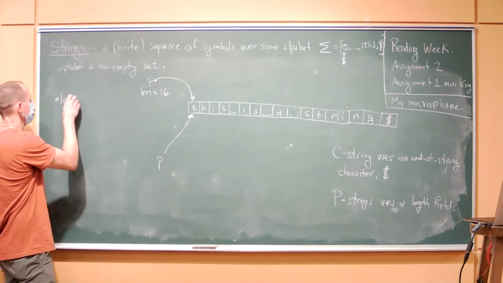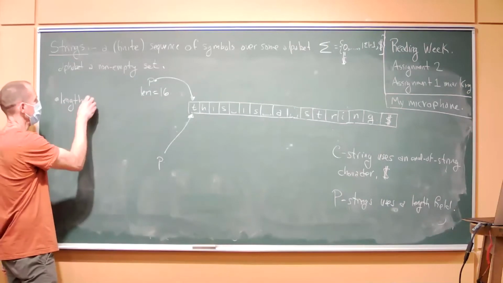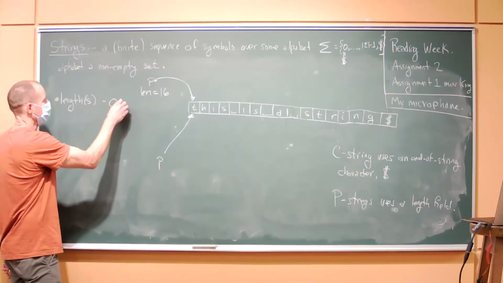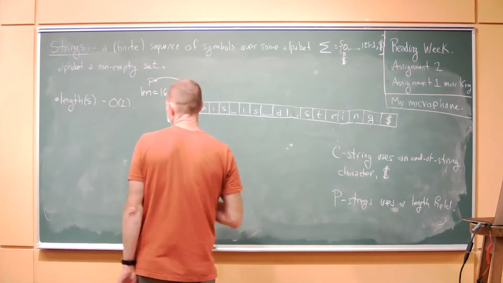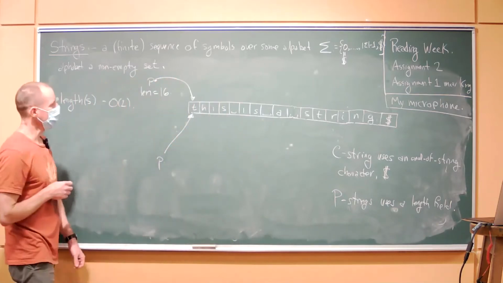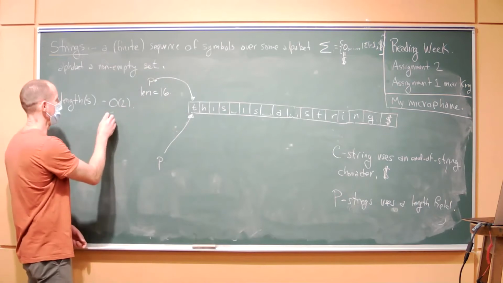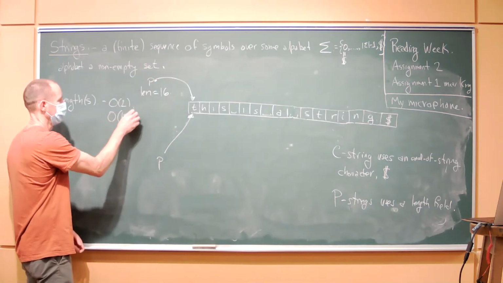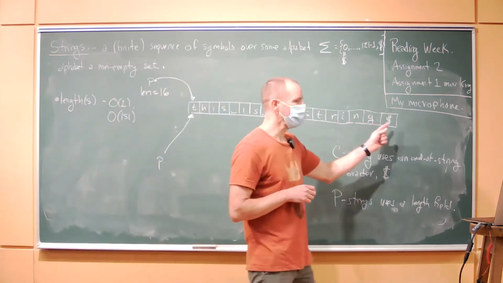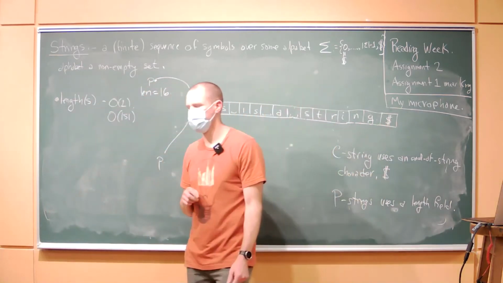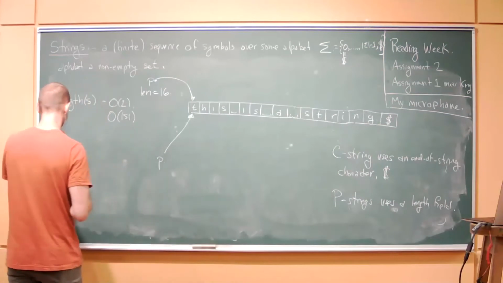One of them is if you ask for the length of a P string, that takes constant time. And if you ask for the length of a C string, that takes time proportional to the length of the string, because the only thing you can do is start scanning the string until you find this end of string character.